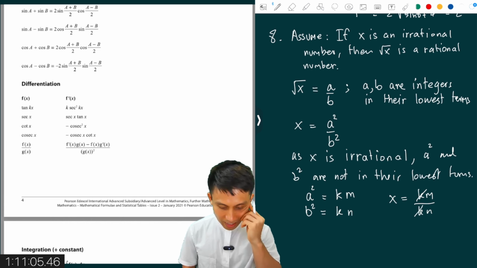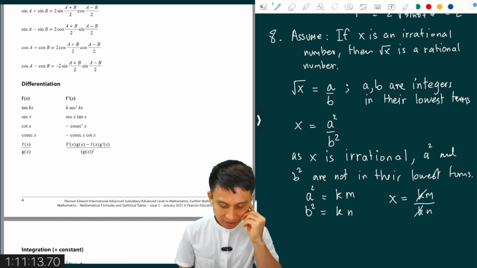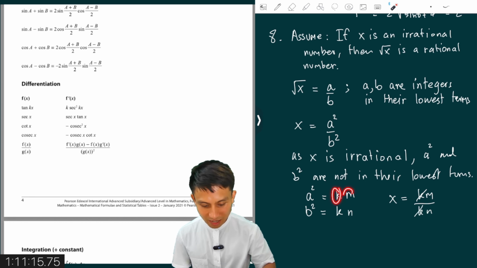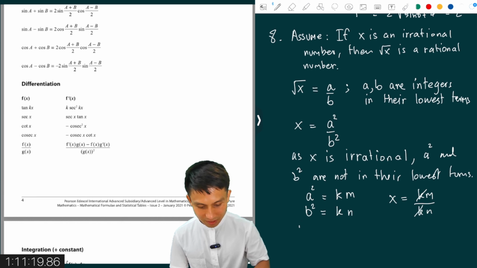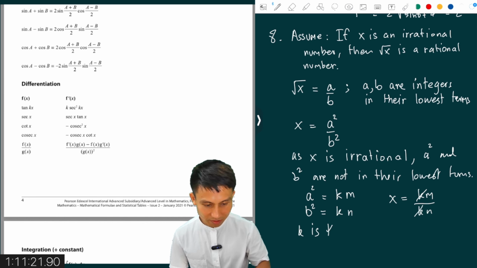Now m over n should be a rational, because when you write k times m and k times n, k is the greatest common factor.